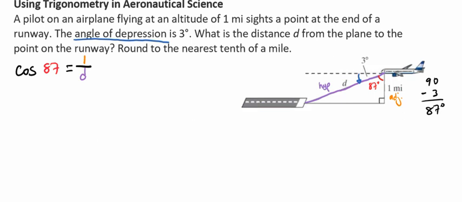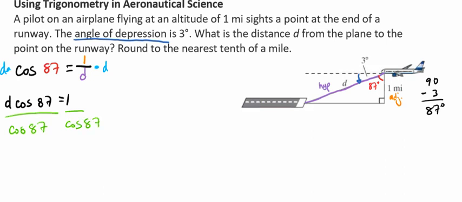So we're going to multiply both sides by d. And that's going to give us d times the cosine of 87 equals 1. Then we'll divide both sides by the cosine of 87. So that goes away. And now we have d equals 1 divided by the cosine of 87.